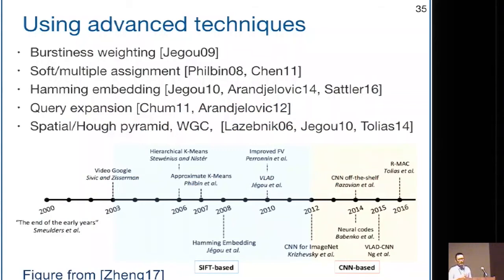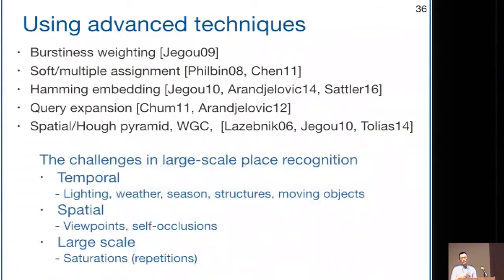In general, there are quite a lot of techniques to boost the performance of bag of words image retrieval. We should, of course, adopt such techniques if they are suitable for place recognition, and if they can address problems caused by large changes in appearance.